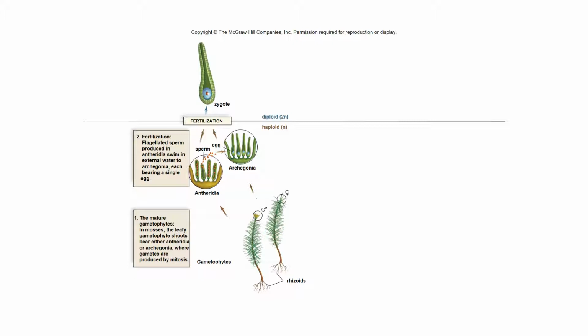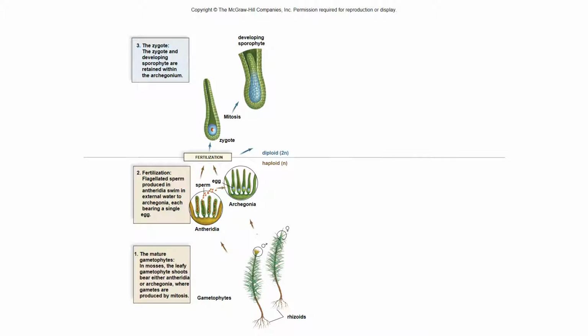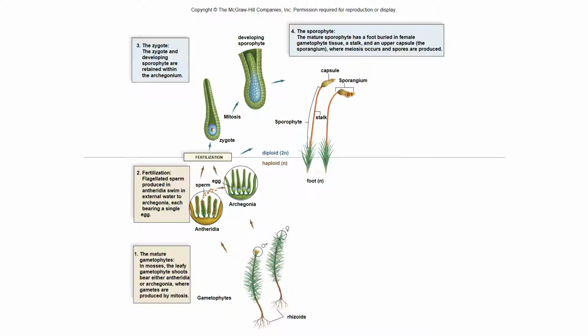When you get fertilization, the sperm swim to the egg, and you get a zygote. The zygote and the sporophyte stay in the archegonium, kind of like a little egg sac. Once the sporophyte matures, it has a foot that's buried in the female gametophyte tissue.